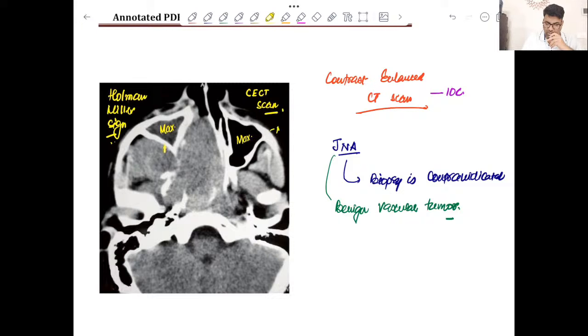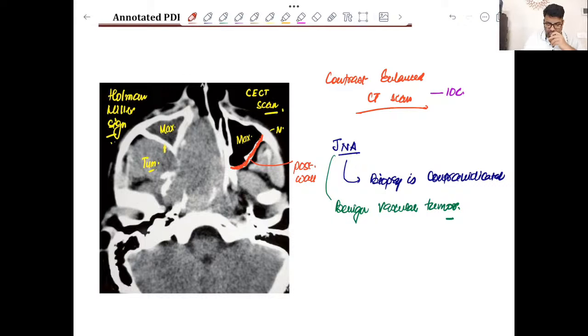This is normal, and this is the tumor here. Now look at the posterior wall of the maxillary sinus. So this is the posterior wall. Clear? You can appreciate that it is bent backward, or you can say that there is convexity backward.